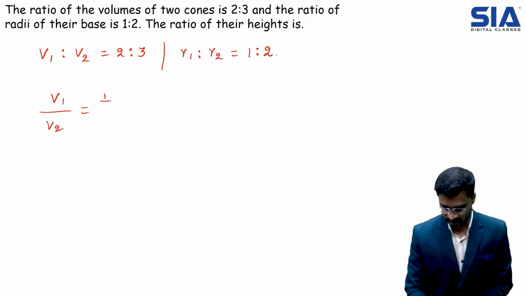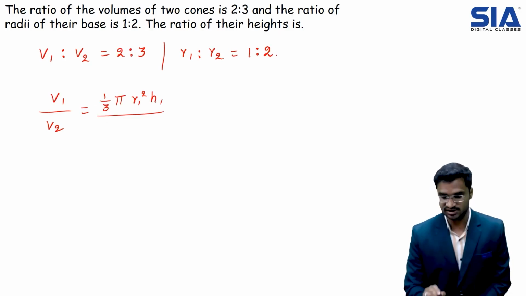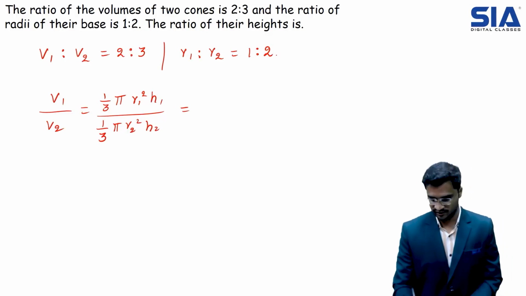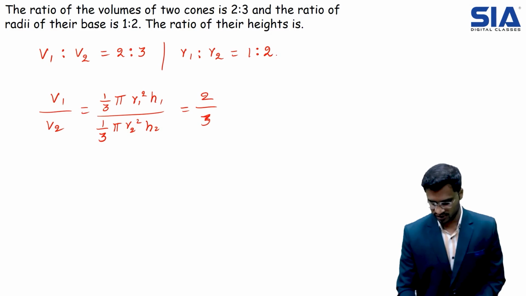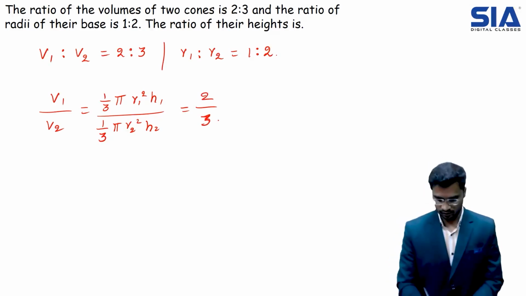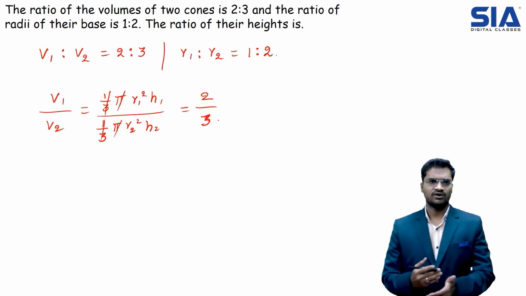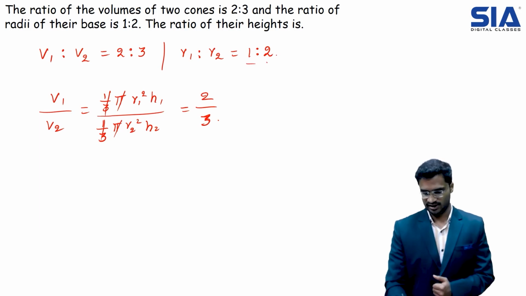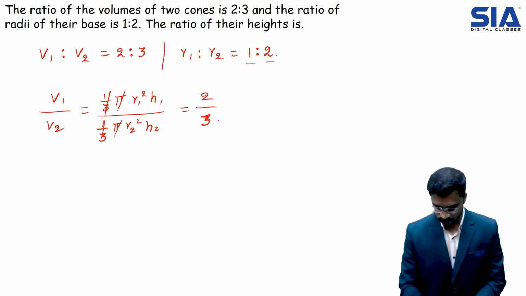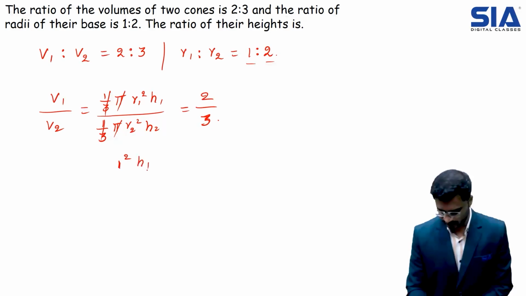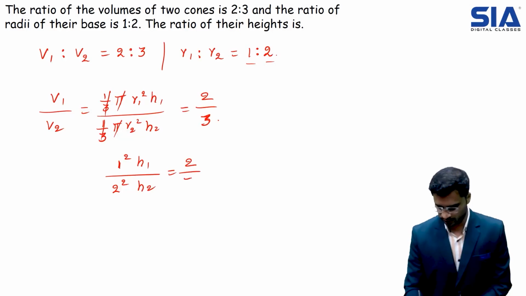So we know that the volume of a cone is nothing but 1 by 3 pi r square h. Because this is cone 1 and this is cone 2, the ratio is 1 by 3 pi R1 square H1 over 1 by 3 pi R2 square H2. This volume ratio is given as 2 upon 3. Now 1 by 3 gets cancelled, pi and pi get cancelled. The R1 and R2 values are given here, so let us take R1 as 1 and R2 as 2. So 1 square H1 divided by 2 square H2 is equal to 2 upon 3.